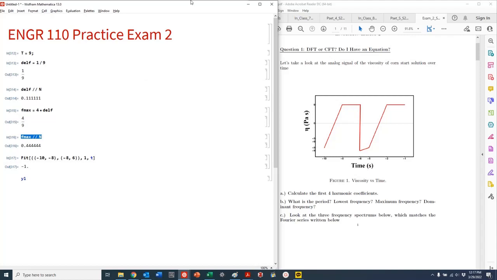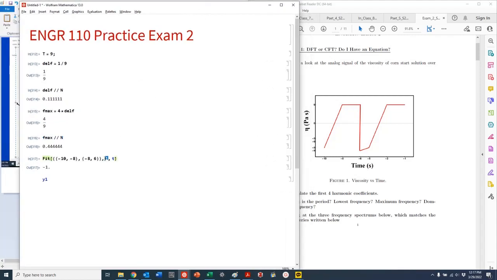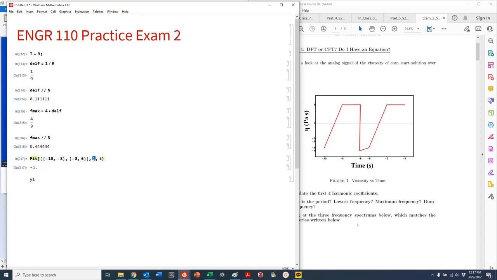Oh, actually, what is happening with my notebook here? So let's see, there we go. So I could do 1, t, fit it. So this is going to be my first function here. So y sub 1 is going to be equal to this over that interval, and we'll go ahead and set up those intervals too. So I'm going to do y sub 2 is just equal to 6. Y sub 3, again, I'm going to have to find those values.